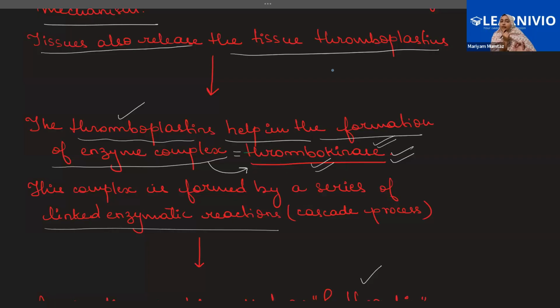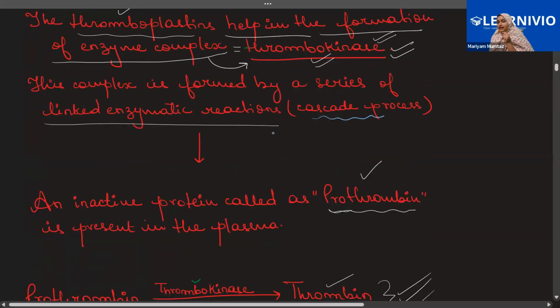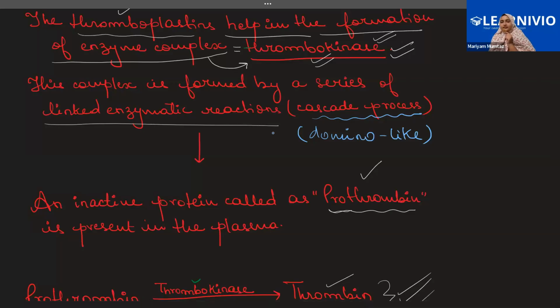So now the thromboplastin helps in the formation of the enzyme complex called thrombokinase. Now this complex is formed by a series of linked enzymatic reactions, and this is a cascade process. Cascade means domino-like. This is just for your understanding. Don't write domino in your exam, and more importantly, don't write dominoes in your exam.